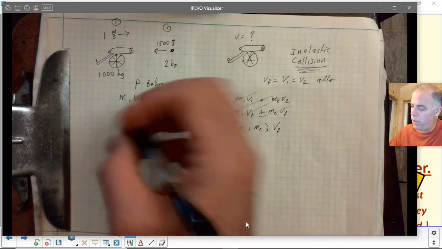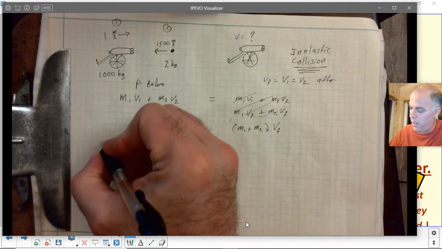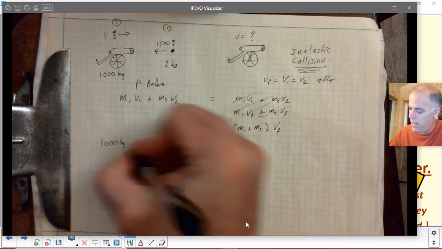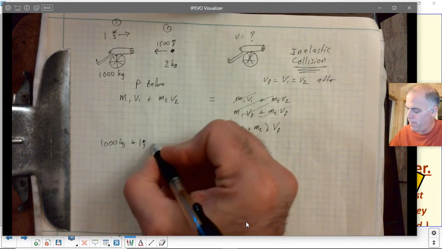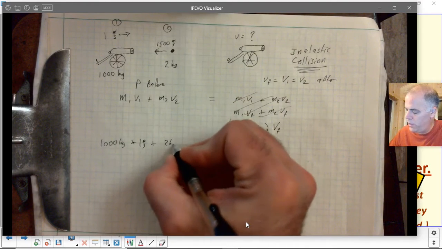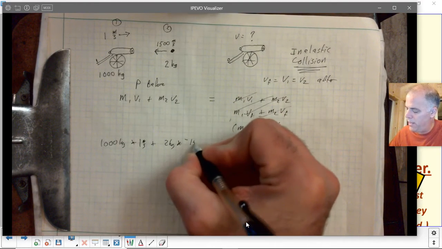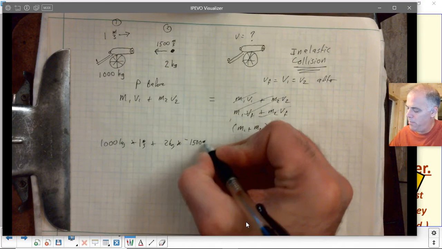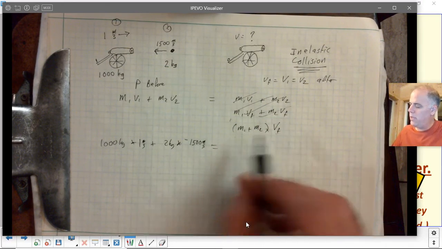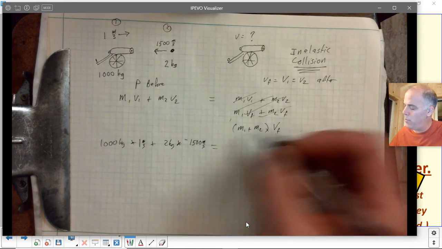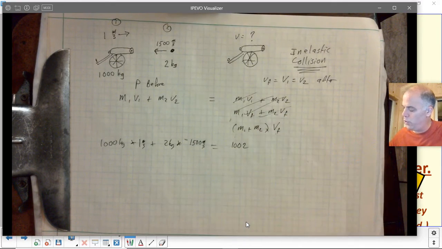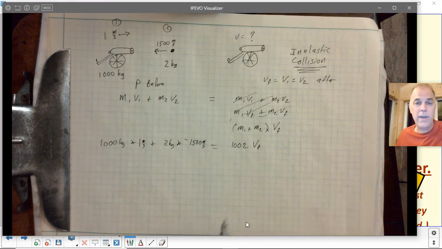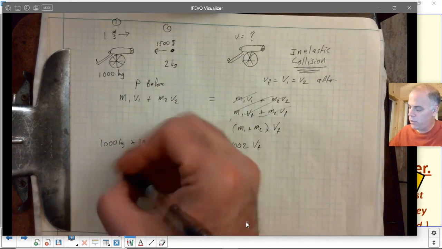So to start plugging in numbers, we have 1,000 kg times 1 meter per second plus 2 kg times negative 1,500 meters per second, and that is equal to the total mass, m1 plus m2, that is 1,002, times the final speed, because both objects are now going the same speed. Now we can crunch that together.